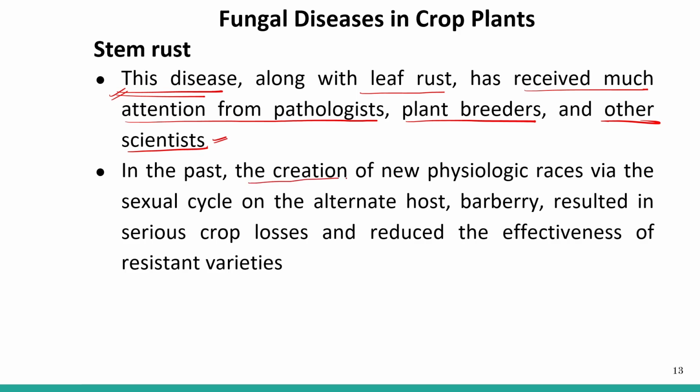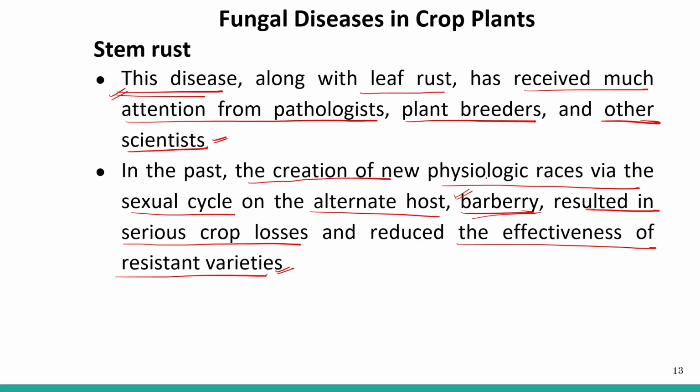In the past, the creation of new physiologic races via the sexual cycle on the alternate host, barberry, resulted in serious crop losses and reduced effectiveness of resistant varieties. The primary host is wheat, right? The alternate host is the barberry. On barberries, two other types of spores are produced, that is pycniospores and another one is aeciospores.